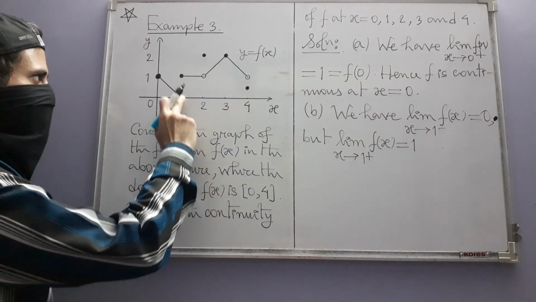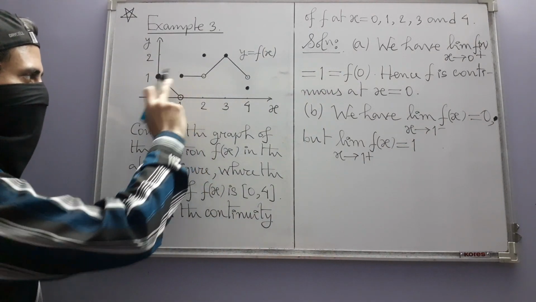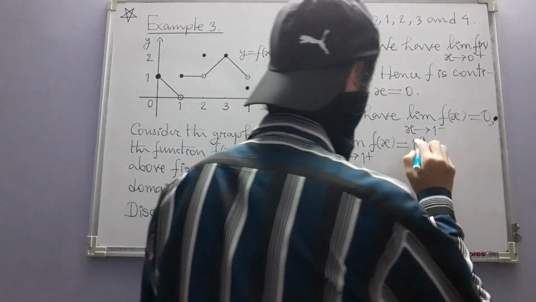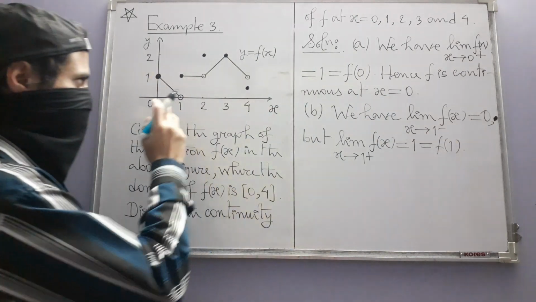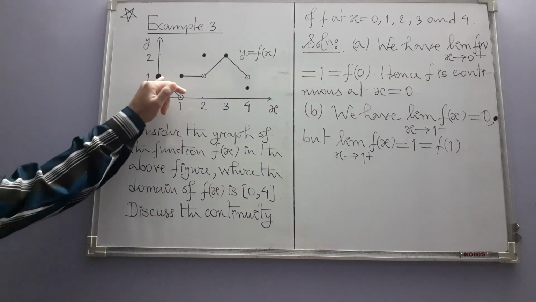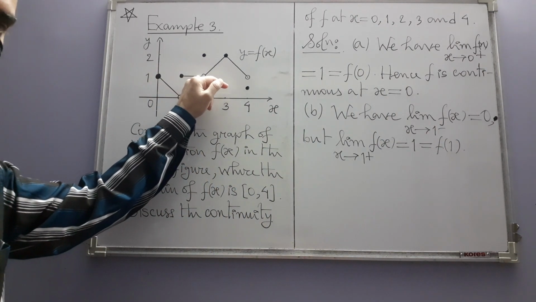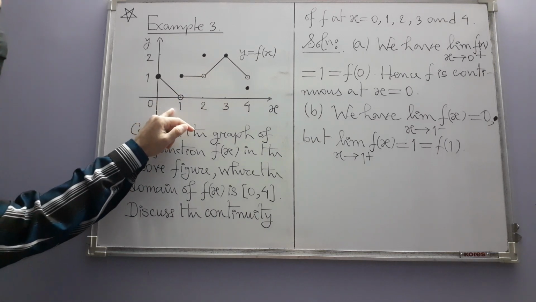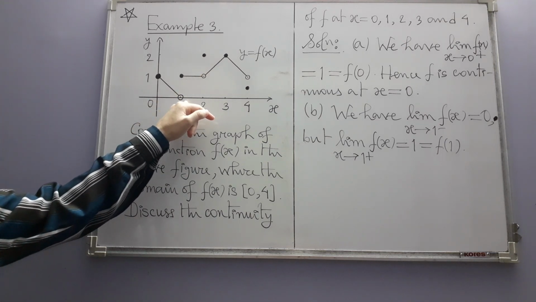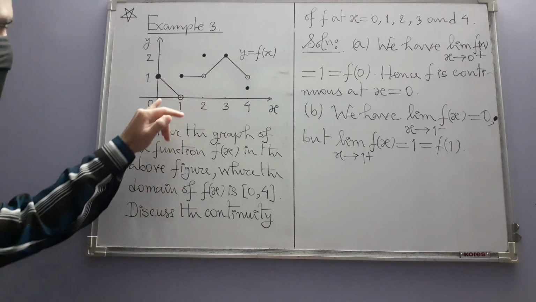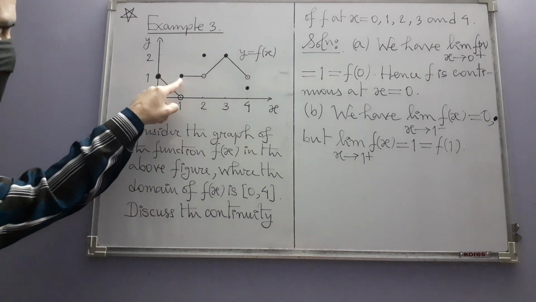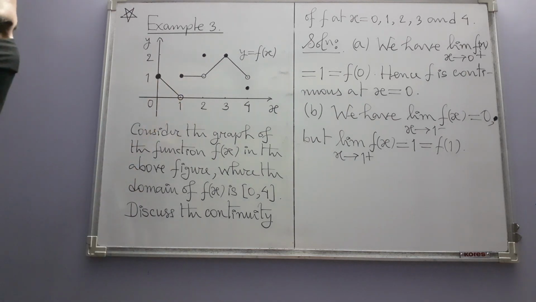And 1 is also the value of the function at 1. Note carefully which of these circles are black and which ones are white. Here we have a white circle because f of 1 is not 0. Instead, f of 1 is 1. That's why we have a black circle here.